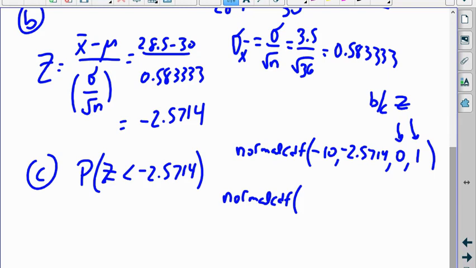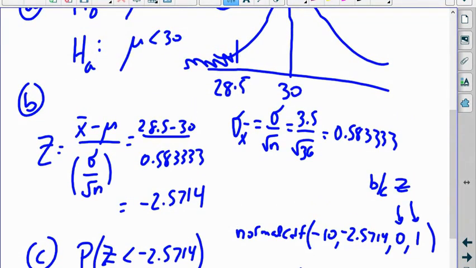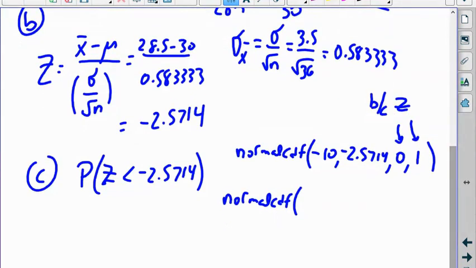So that's why in normal CDF, I could have used the original numbers because I could have put in some really low number, 28.5, comma, mean, comma, this thing, the standard error. These two are going to give exactly the same result.